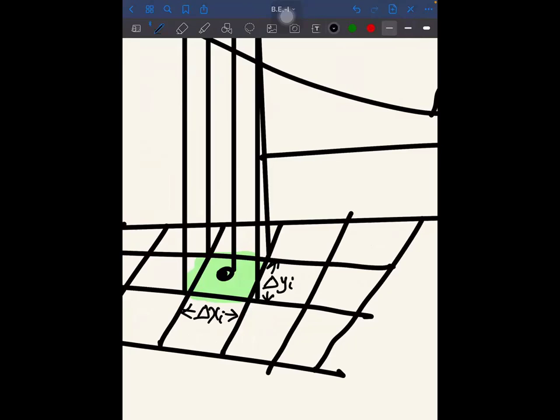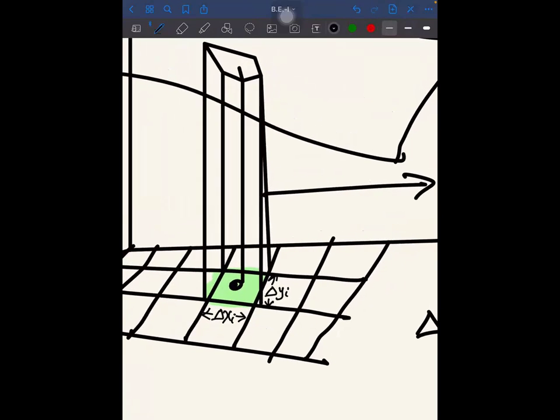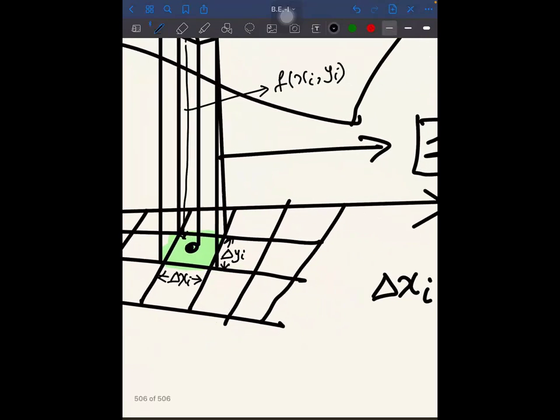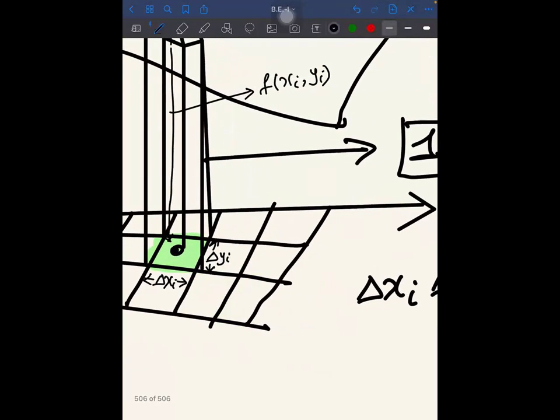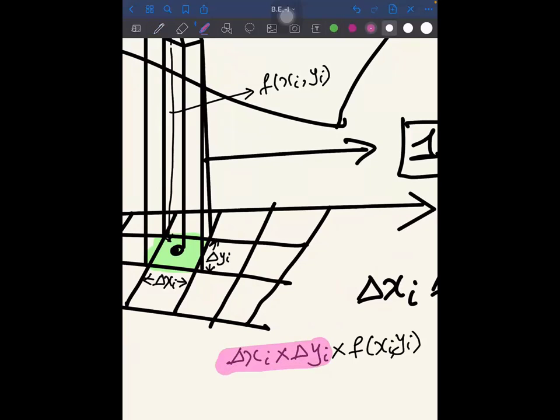So how are we going to calculate the volume? At this point, the height is f of xi yi. The volume for this particular pillar is delta xi into delta yi into f of xi yi. The multiplication of these two dimensions represents the area, and the third gives the height.